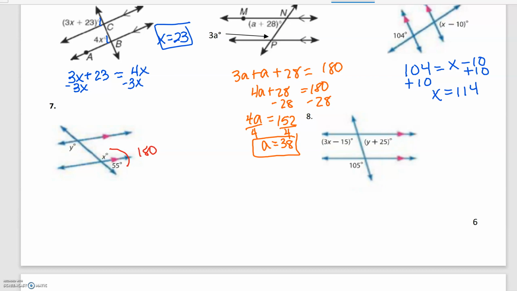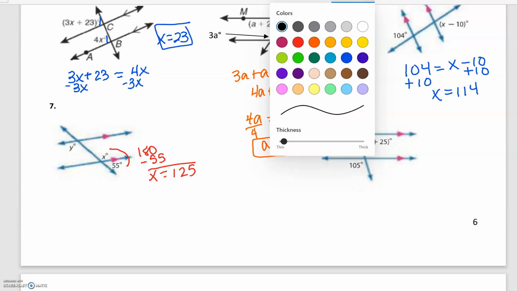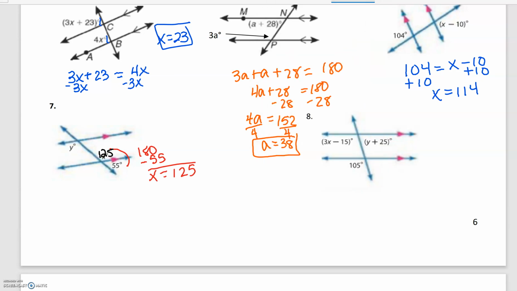So that would mean I need to take 180 minus the 55 in order to get my x value. So x equals 125. And then I know this being 125, then these are alternate interior, so y has to equal 125 as well.